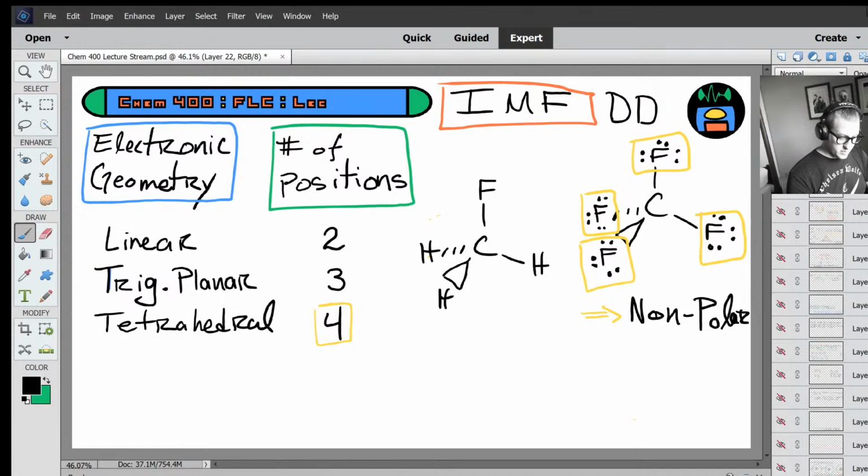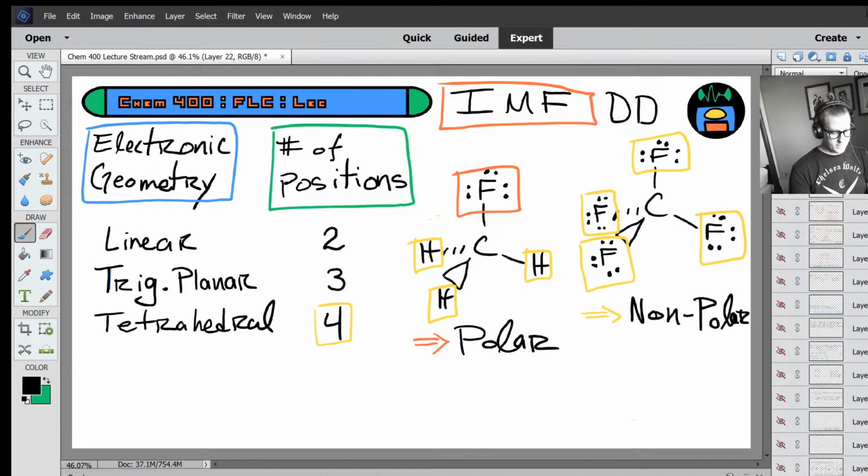In this molecule, well, let me throw in my lone pairs. We have 3 groups, but because the 4th group is not the same, this tetrahedron will be polar. All right? So that's the thing.